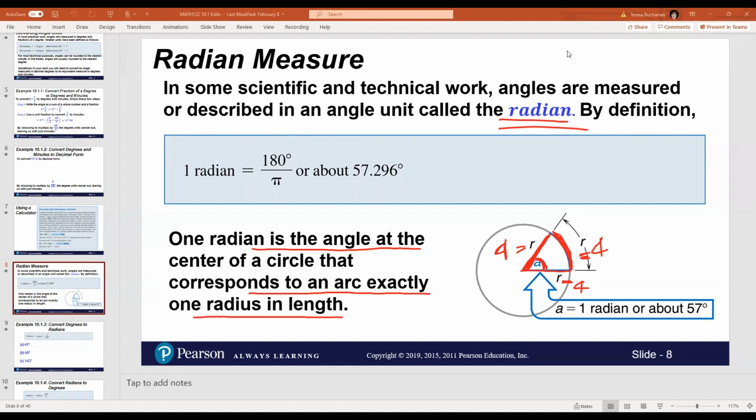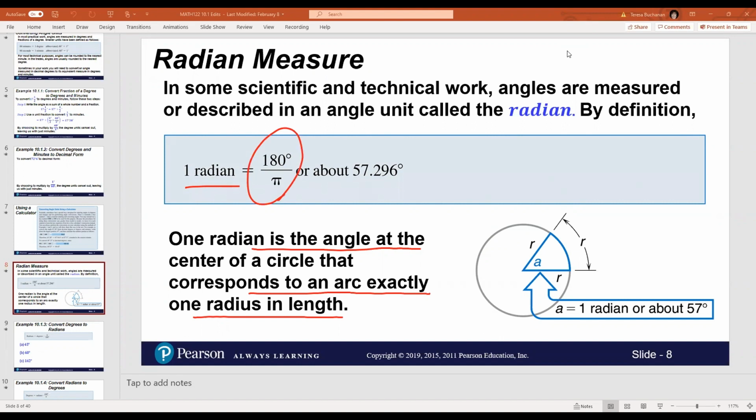You can kind of see from the diagram that a radian is large compared to a degree. A radian is about 57 degrees. There is a calculation and a definition here that will allow us to convert back and forth as we need to. A radian is equal to 180 degrees divided by pi.